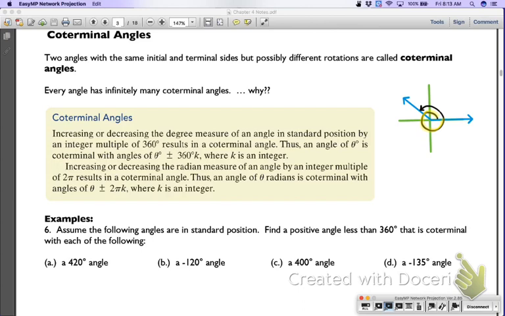Maybe I went 2 laps around, maybe I went 1 lap around, and then I finished somewhere else. All a coterminal angle is really like, kind of like what we talked about yesterday, we could even talk about it being a negative and going backwards. It's going to look the same because it just keeps spinning in a circle.